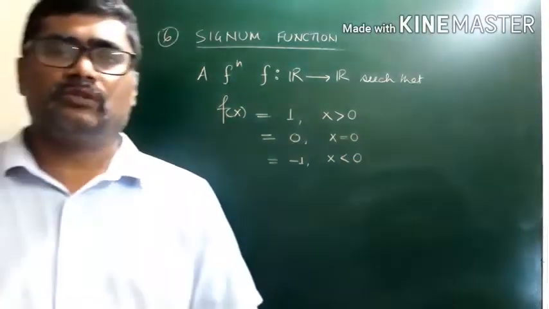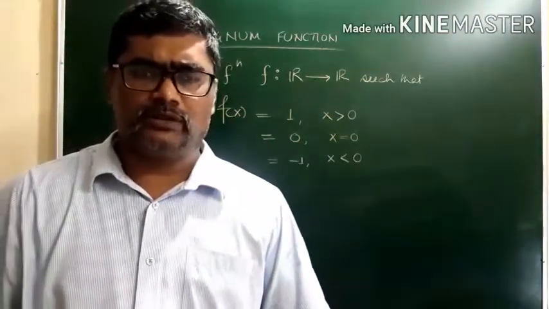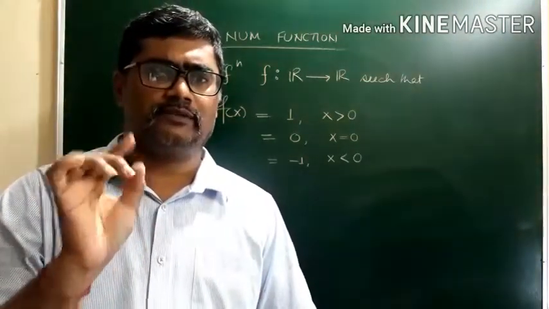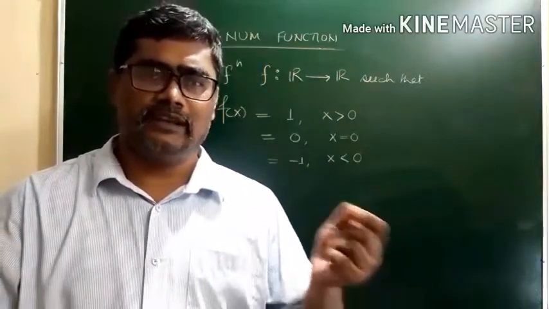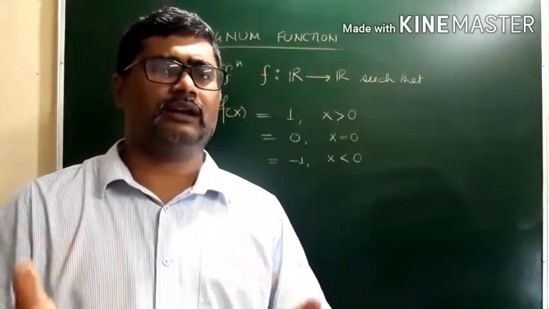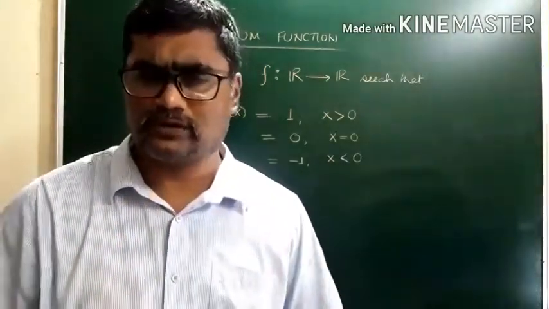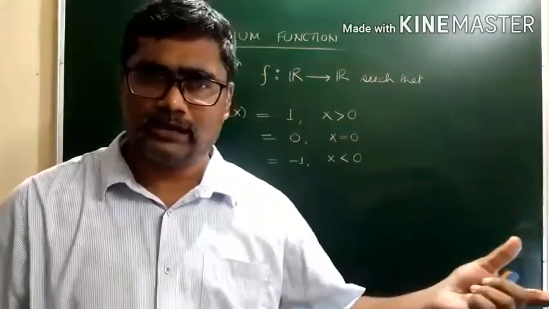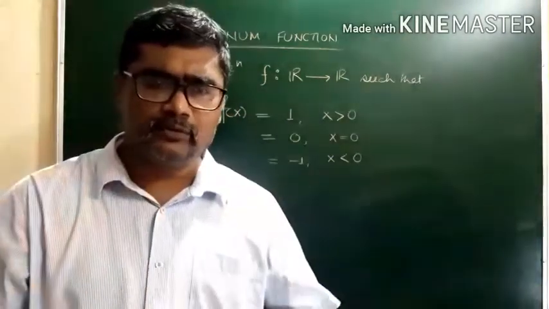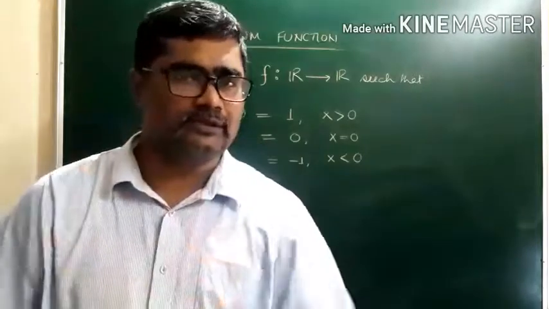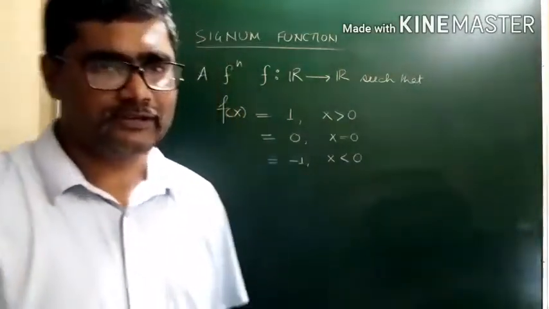That means the real numbers have been divided into 3 categories: positive, negative and 0. If I have any positive input, maybe 1, half, root 3, whatsoever positive, output will be 1. Any negative input, output will be minus 1, and for 0, output is 0, right?